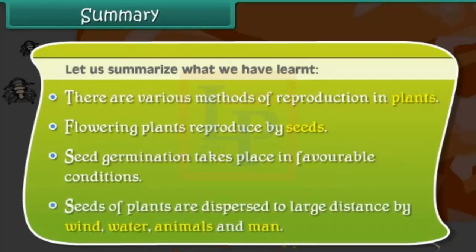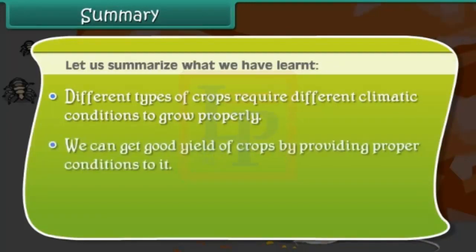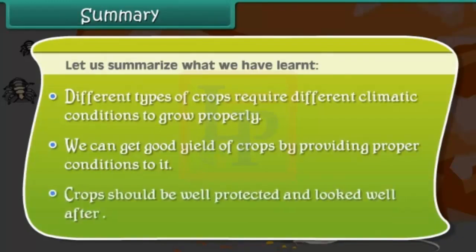Seeds of plants are dispersed to large distances by wind, water, animals and man. Different types of crops require different climatic conditions to grow properly. We can get good yield of crops by providing proper conditions to it. Crops should be well protected and looked well after.